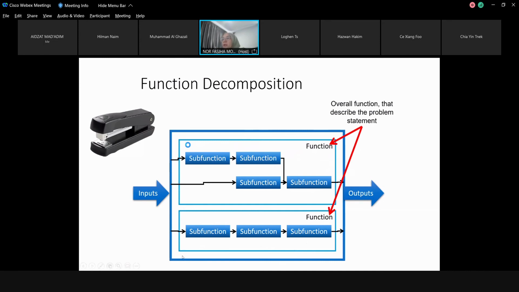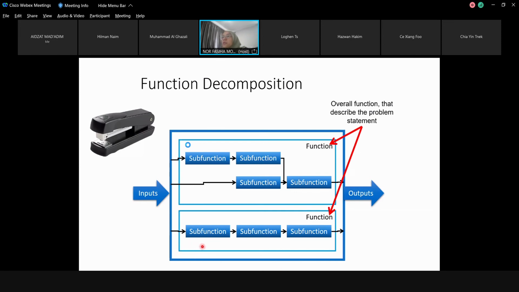There might also be latent functions. For example, a latent function of this product is to hold paper: we put the stapler on papers to keep them from flying away. That is a latent function, but sometimes we don't put latent functions in the function decomposition.